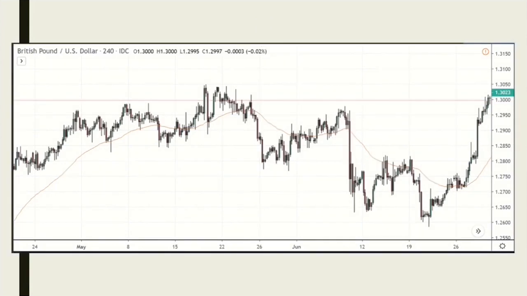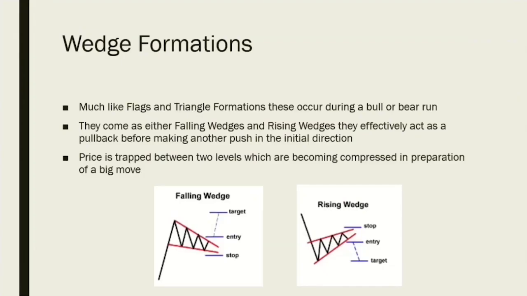So onto our final candle formation, which is the wedge. With the wedge, it's just like a flag and triangle as they occur during a bull or bear run. They come trying to make a pullback before making another push in the initial direction. And just like in a triangle, price is condensing, it's compressed in preparation of the bigger move.